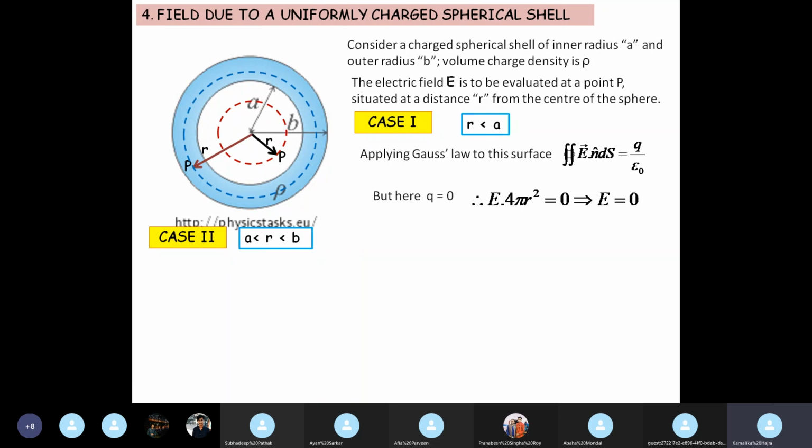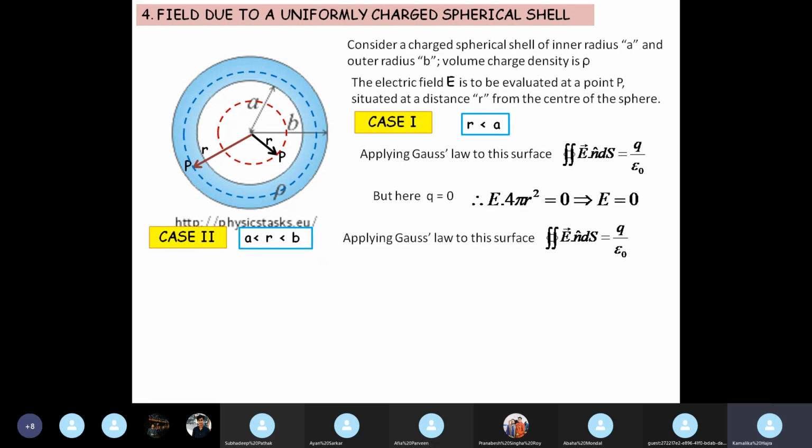So what do you have to do? If you look at the Gaussian surface, the contribution to the electric field will be from the charge enclosed. The portion of the shell that lies outside this dotted line will not contribute. So you have to calculate the charge lying within the Gaussian surface.